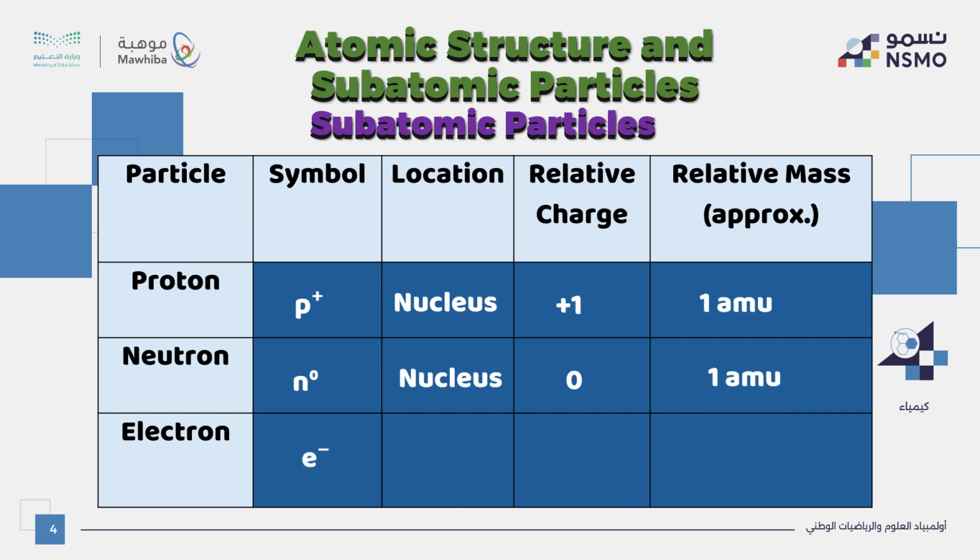An electron, with the symbol e minus, is located in the electron cloud and has one negative charge and a much smaller relative mass of about 1/1840 AMU. This explains why electrons contribute very little to the total mass of the atom.